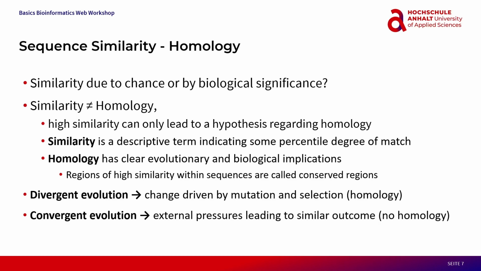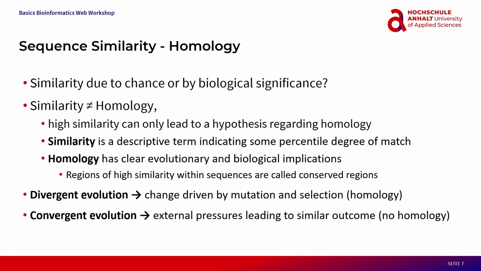Convergent evolution does not usually produce highly similar sequences of any great length. However, the same may be true for some homologs. In this case, an alignment can only lead to a hypothesis regarding homology, but itself does not imply an evolutionary order of events without any additional information.